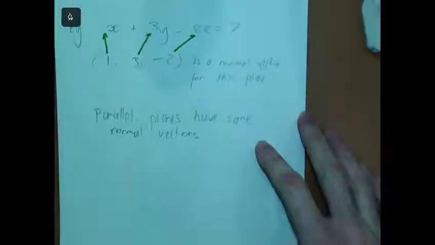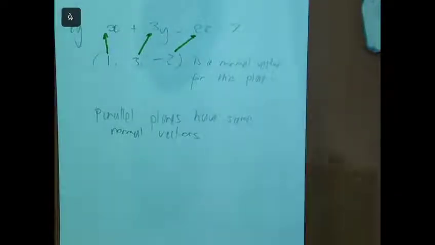Interesting. I think their normal vectors will be perpendicular as well. That makes a lot of sense, but I don't trust it because we're in 3D and weird stuff happens. So, yes. Okay. I think that would make sense. Right.